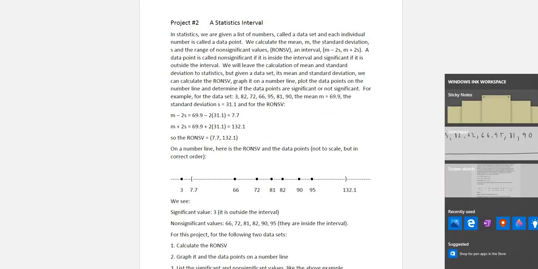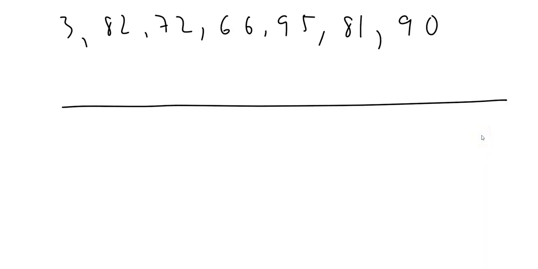So I'm going to put 7.7 about there, and then on this other edge here, 132.1. Okay, and I'm going to fill in the data points in the correct place, being inside or outside of this interval and in correct order.